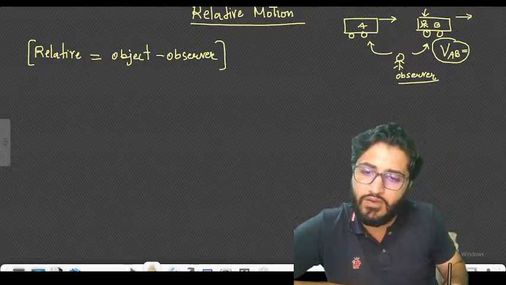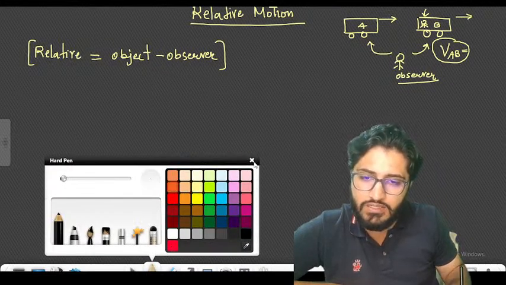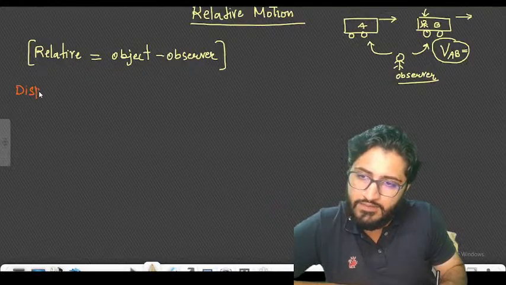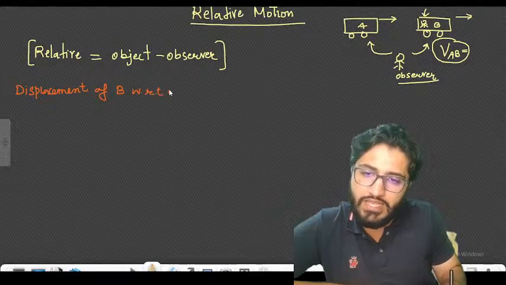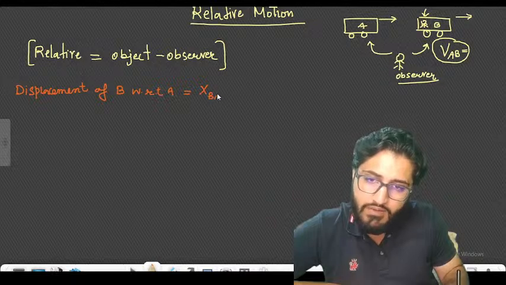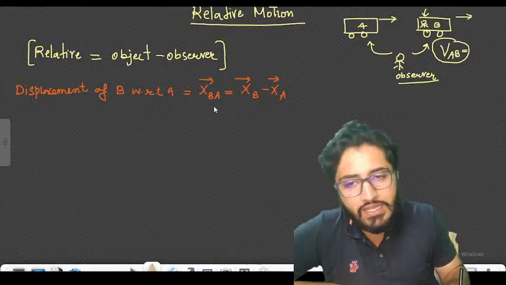If I will write down here displacement of B with respect to A, how to write it down? I will write displacement of B with respect to A, and it will be equal to displacement of B minus displacement of A. Why?